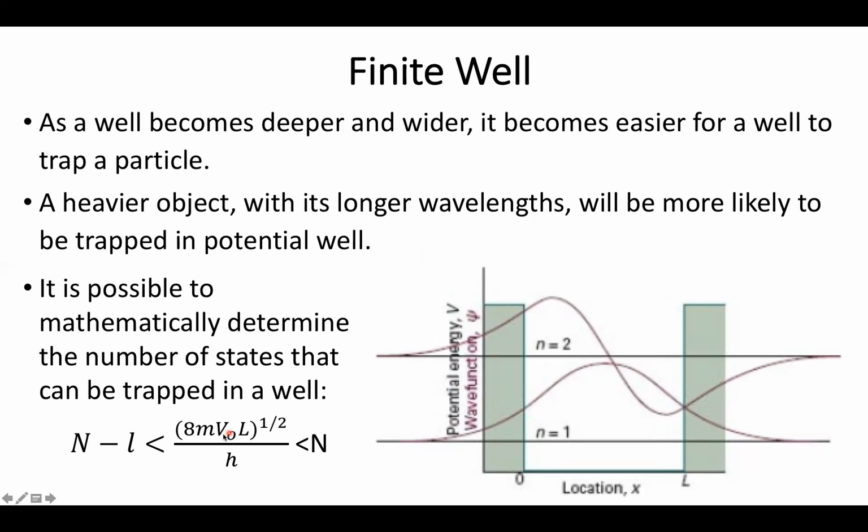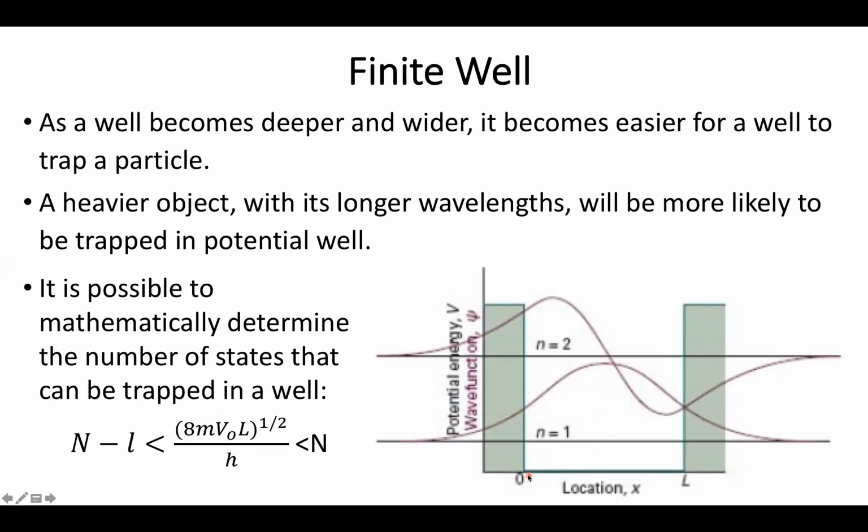And not too surprisingly, the key features here are the mass of the particle, heavier particle, less likely to tunnel out, less likely to go over the edges. The depth of the well, a deep well will essentially keep a particle well trapped. And then the last major portion, the size of the well.